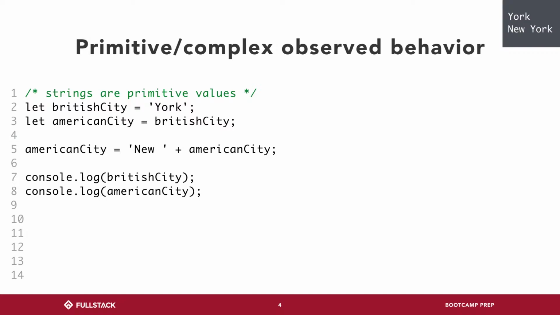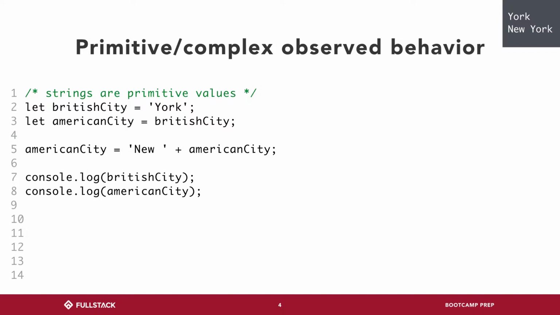It's super easy, so I'll go over it again. The let British city, let American city, this is declaration. We are declaring a variable exists. But until we have this equals sign, both of these variables are undefined. It's the equals sign that gives us the definition of what that variable is.